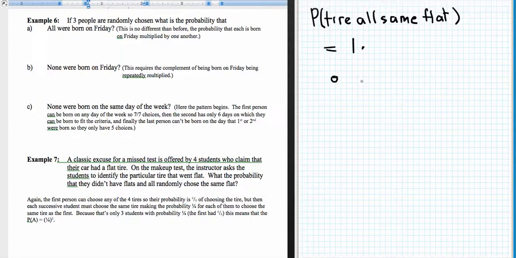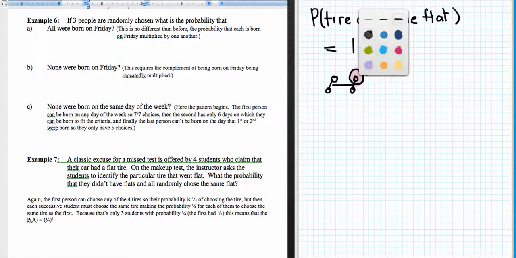So let me draw a little car here. So here's my little car, and I'll just do this for you. Okay, and so this was the first person's flat tire. So they chose that flat tire. And then the second person, they have to choose that same flat tire.